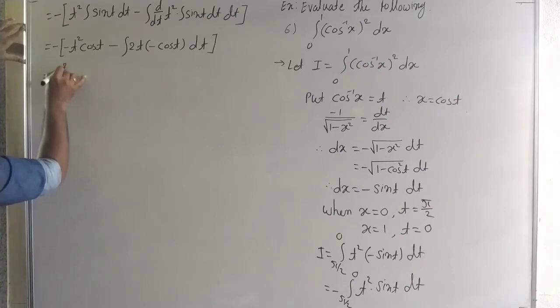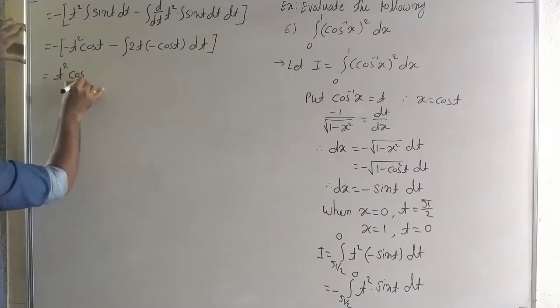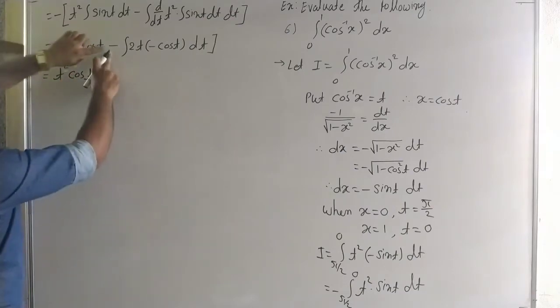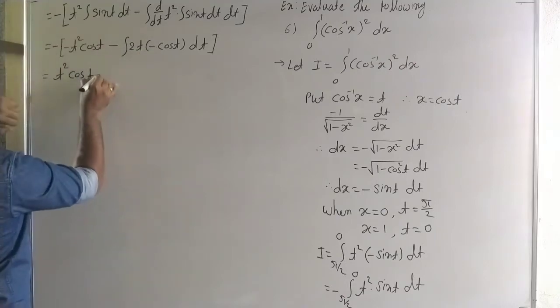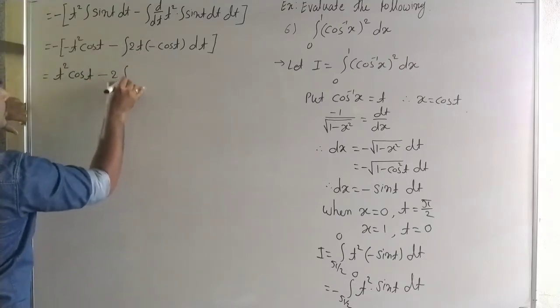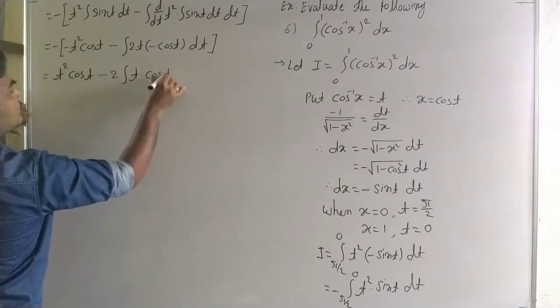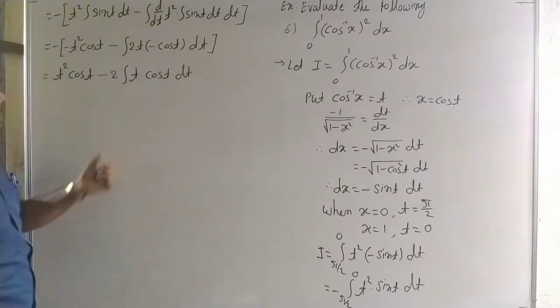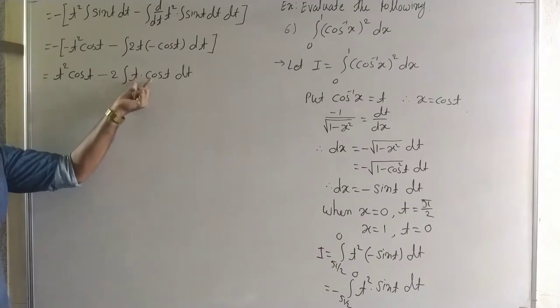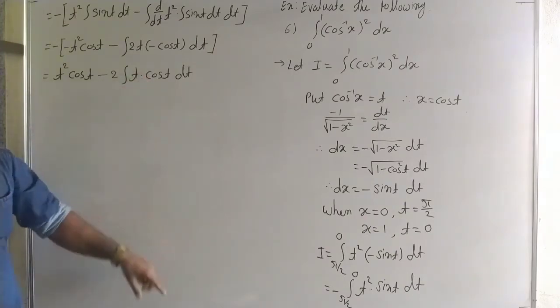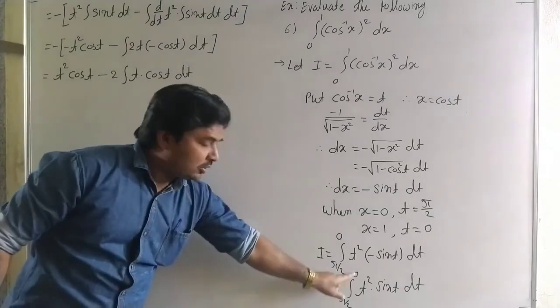Now we can multiply by this minus: minus minus we can write plus, so it is t square cos t, and then minus 2 into the integral of t into cos t dt. Now again it is t into cos t. After solving this integral we take the limits pi by 2 to 0.